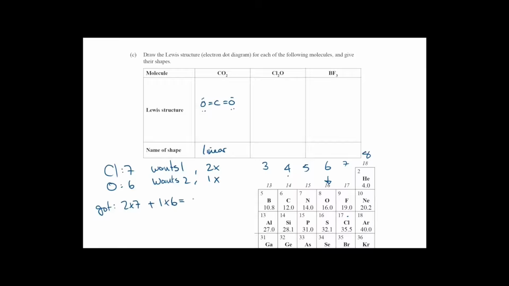It's got 14. We've got 20 electrons in the valence shell, and we want 2 plus 2, we want 4. So we've got to make some of these electrons do a double shift.